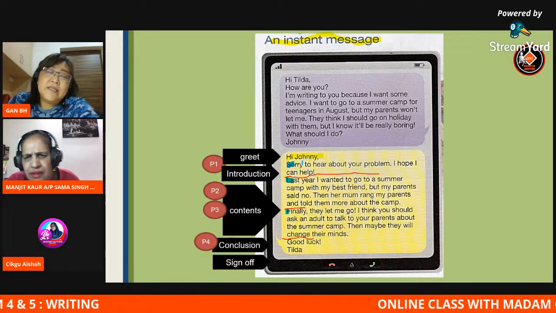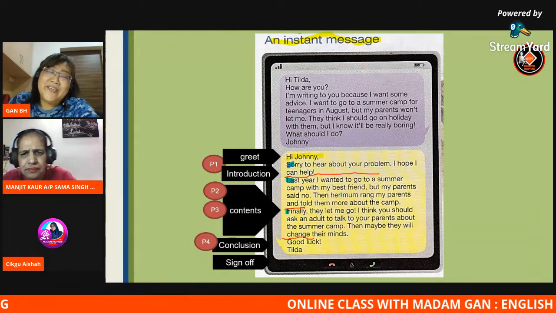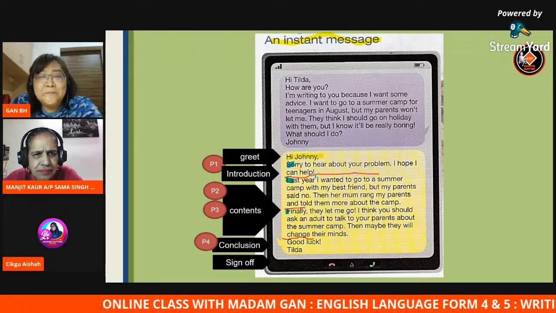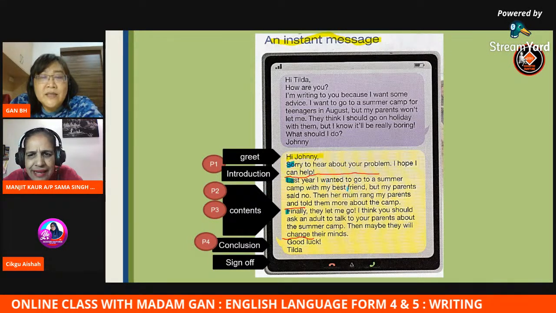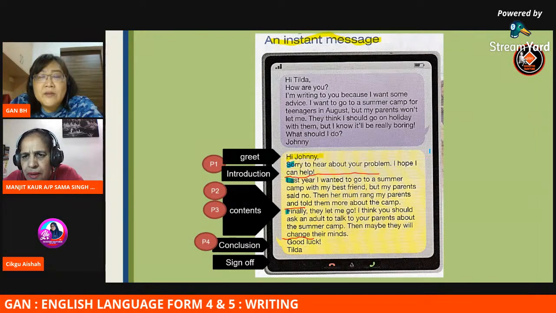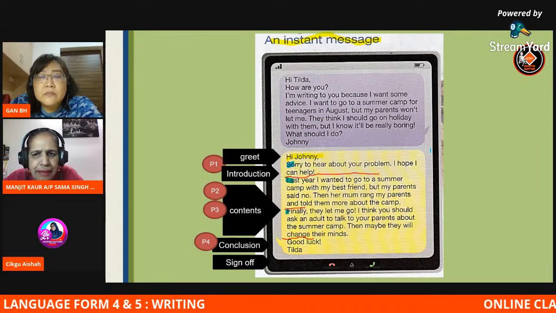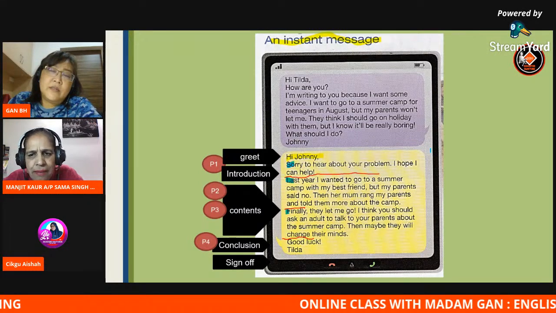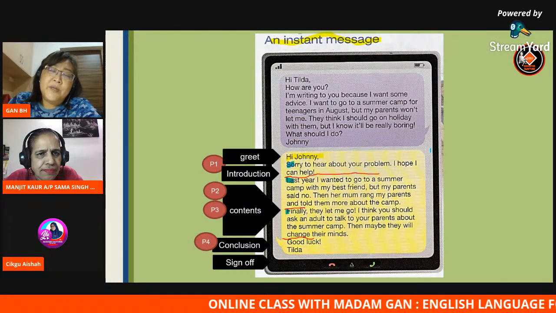First of all, this is in your textbook. You can discover the textbook or go through all the units. Then there's another message: can we do paragraph 3 for email and message? You mean you want to have 3 paragraphs?